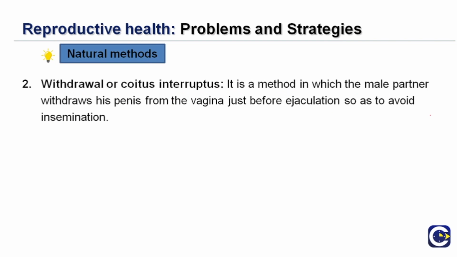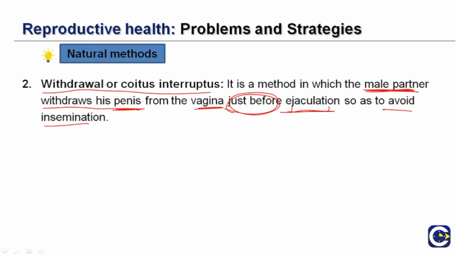The second natural method is withdrawal or coitus interruptus. It is a method in which the male partner withdraws his penis from the vagina just before the ejaculation so as to avoid insemination. Men are generally able to judge, and they should therefore withdraw their penis from the vagina just before the ejaculation.